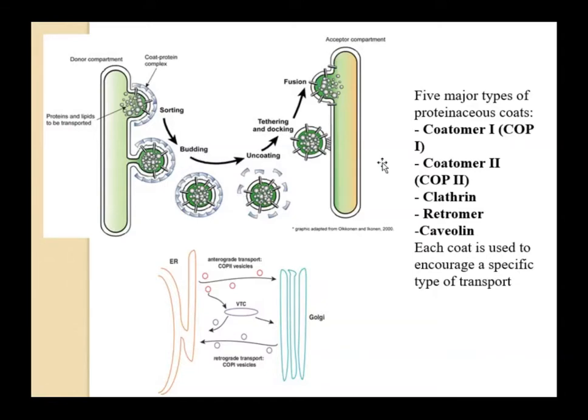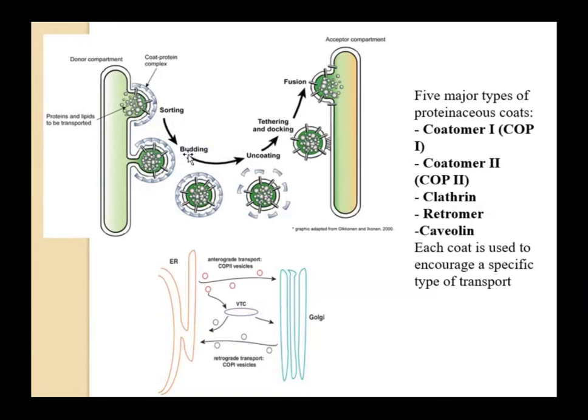And there are 5 major types of proteinaceous coats with some subtypes that cells use to accomplish these goals. These are coatomer proteins, COP1, COP2, clathrin, retromer, and caveolin, and each coat is used to encourage a specific type of transport. The coat proteins also help vesicles to reach the proper destination, the target.